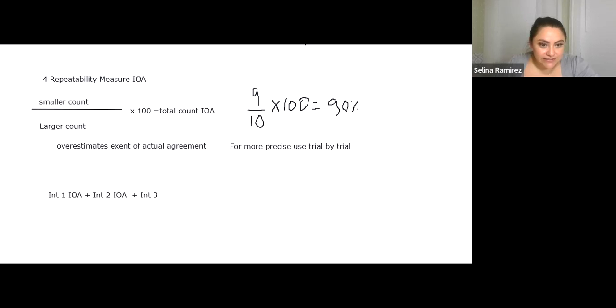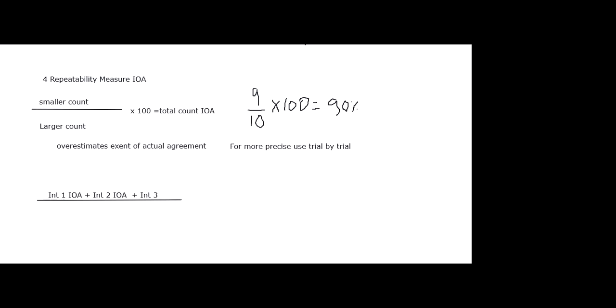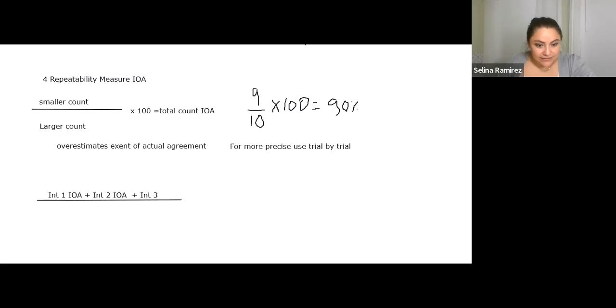And then you're going to divide by number of intervals equals mean count per IOA.